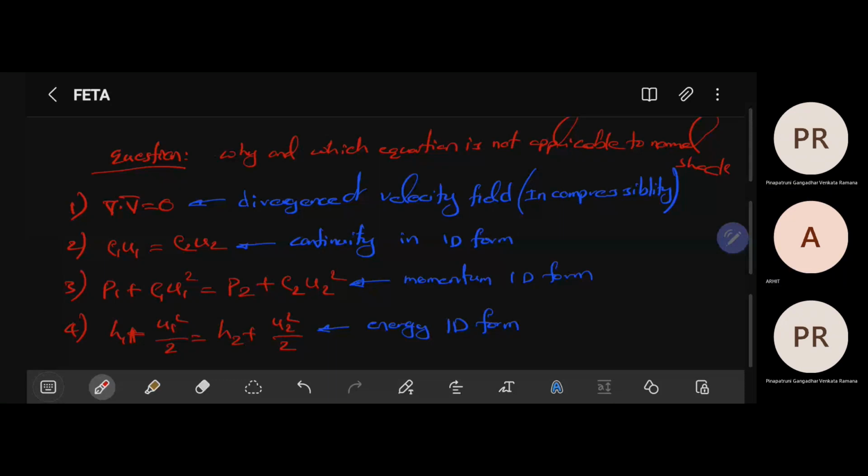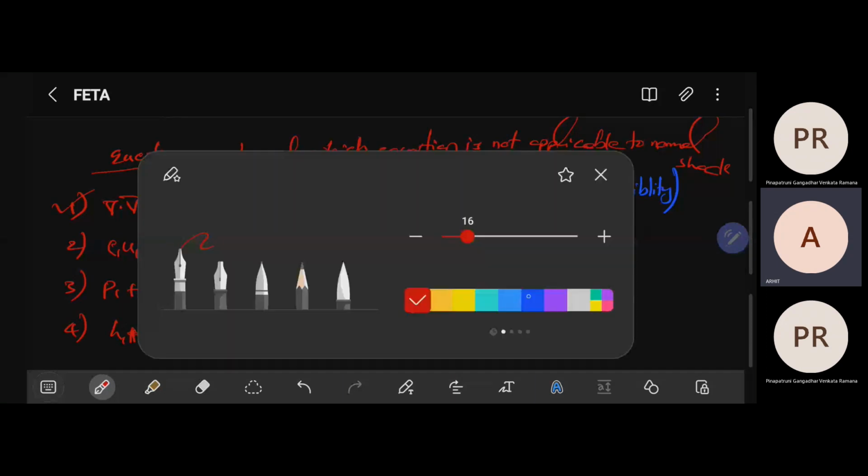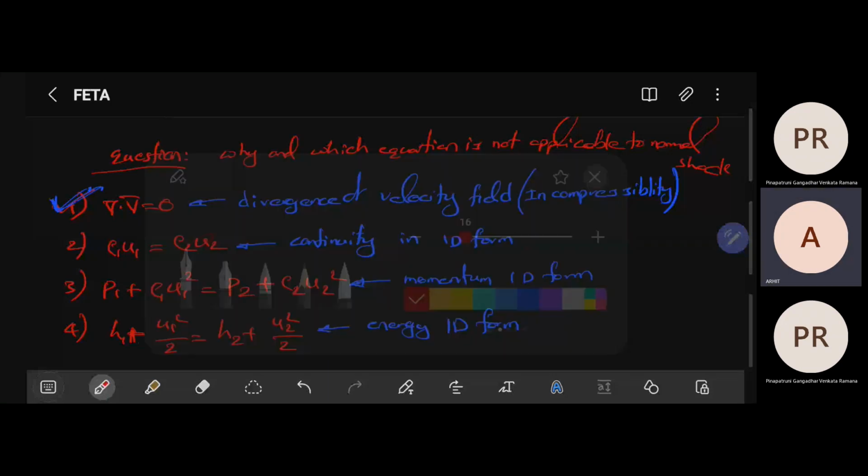Okay, sir. For incompressibility there is no conservativeness, so you can apply it only at specific times. Momentum is conserved, energy is conserved, and mass is also conserved. So these three conservation principles will be conserved in any case, in normal, oblique, or bow shock.